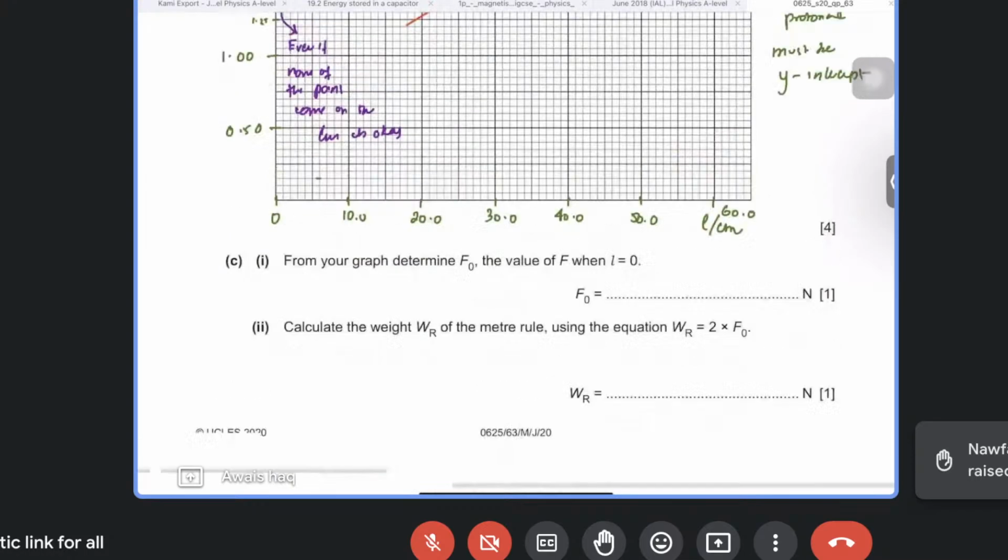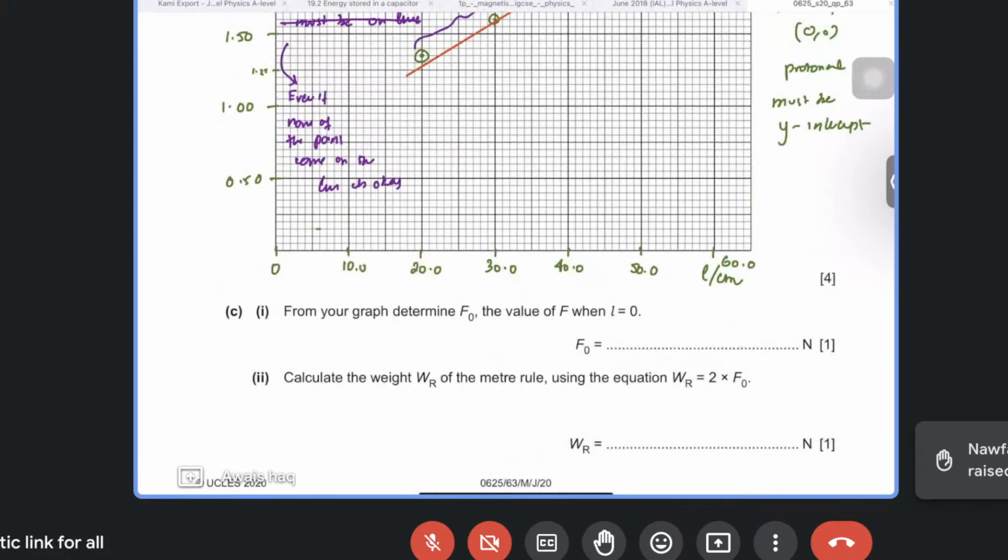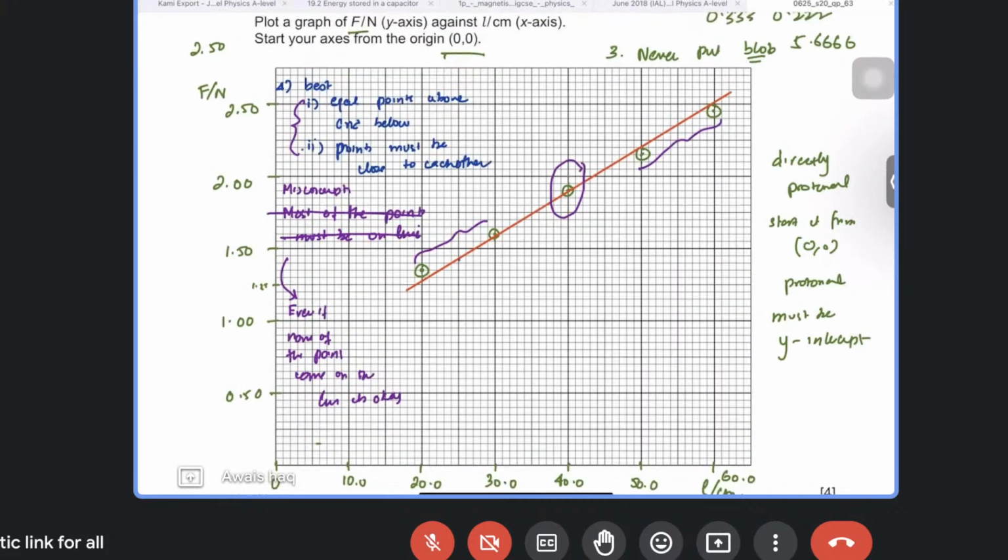So obviously then from the graph determine F naught for the value of length equals to 0. For that you just need to see where it intersects, making a full line like this.